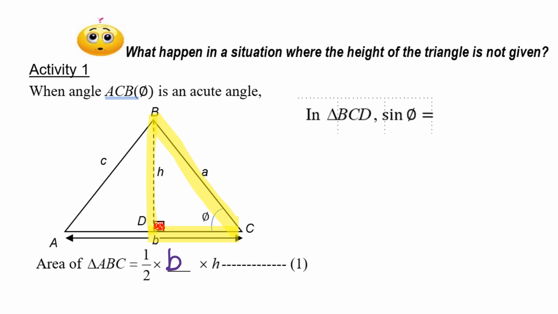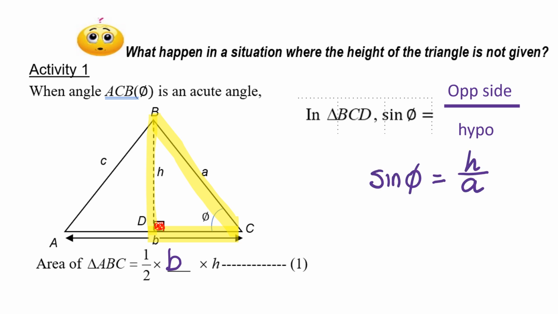The ratio for sine phi will be the length of the opposite side divided by the length of the hypotenuse. If you look at triangle BCD, the side that is opposite the angle phi is H, and the hypotenuse is labeled by the letter A, which is opposite the 90 degrees.